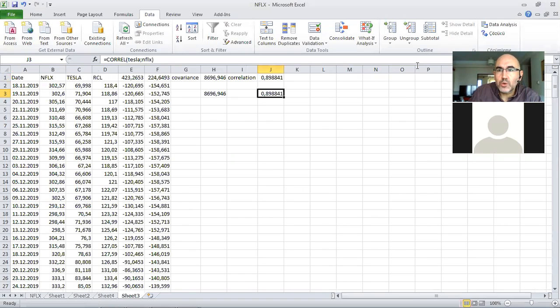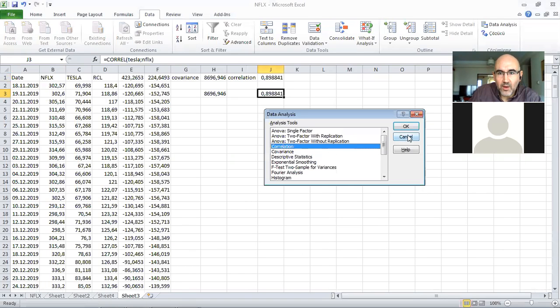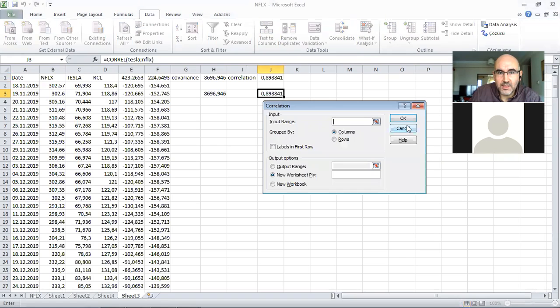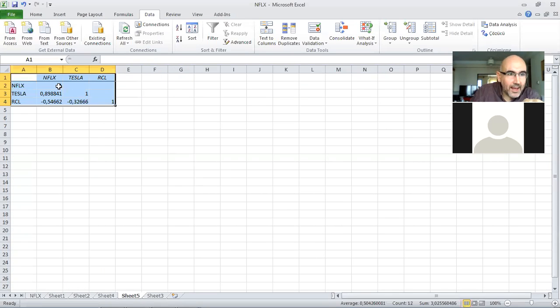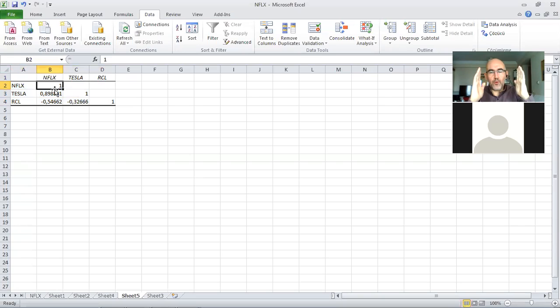Let's also get the correlations now, again with Data Analysis. Since I have the name stocks, now you see the diagonal, and this triangular format is the same no matter what software you use. It's the correlation of the variable with itself, which is 1.